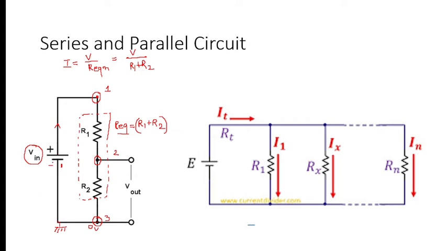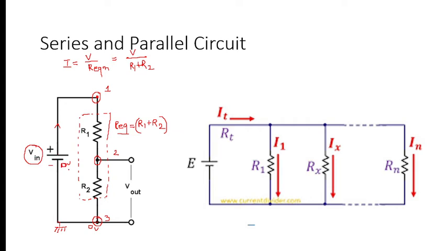Similarly, here also at the negative line, as it is grounded, we are considering it to have zero potential. So now what will be the value of the potential over here? As it is written V in, that means the potential difference on this side of the battery with respect to this is V in. So V in minus 0 is the voltage profile of this voltage source.